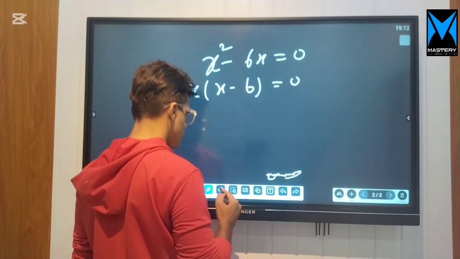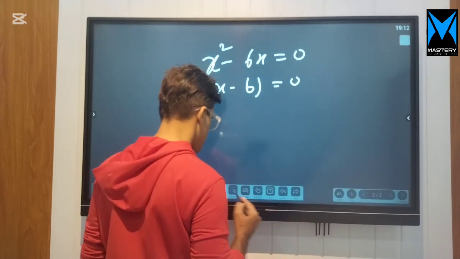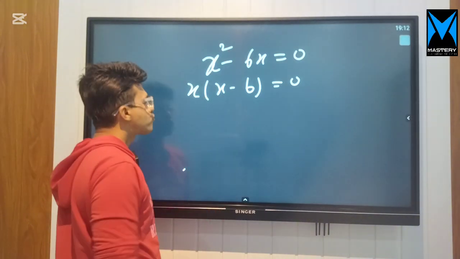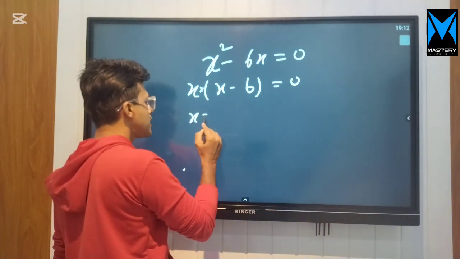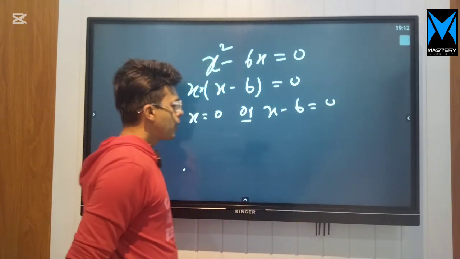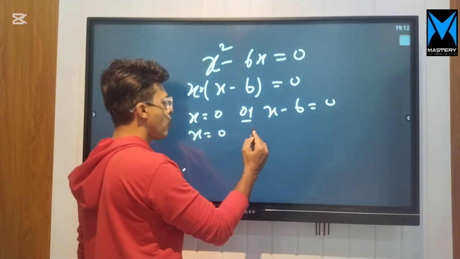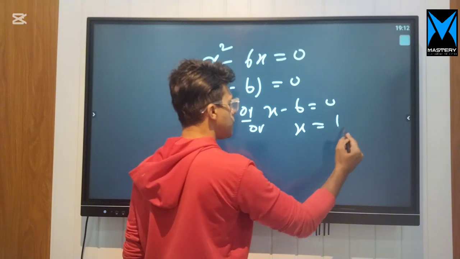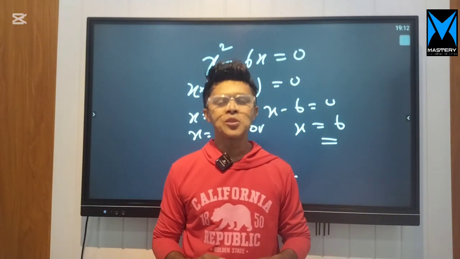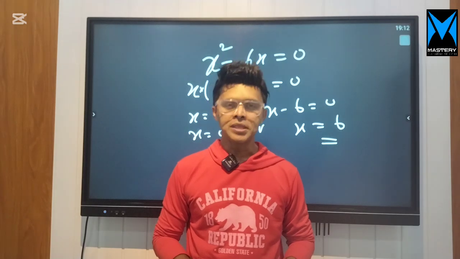Here is a product, so you could write x equals 0 or x minus 6 equals 0. So x equals 0 or, this minus 6 becomes plus 6, x equals 6. These are the roots of this quadratic equation.